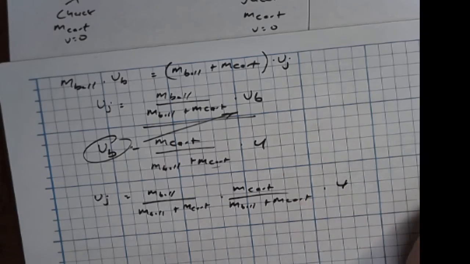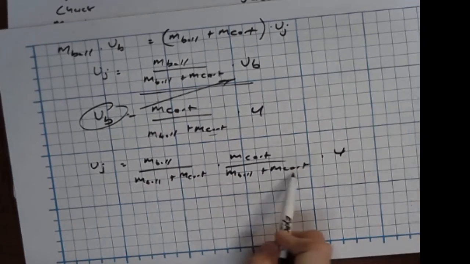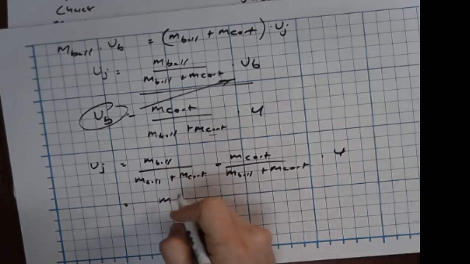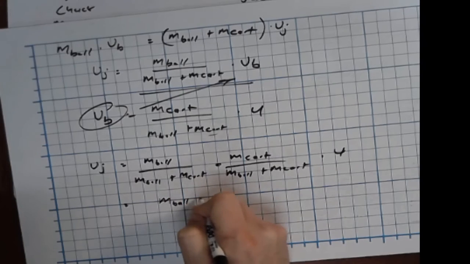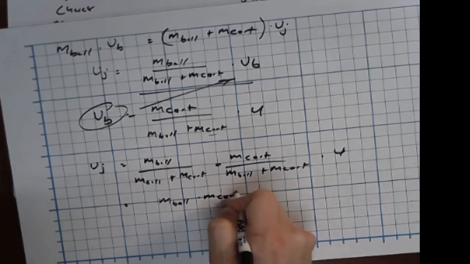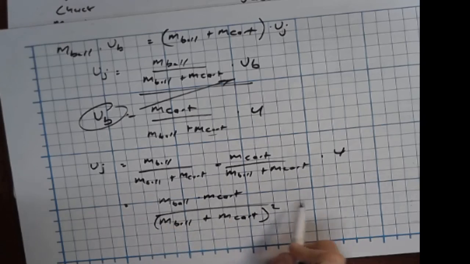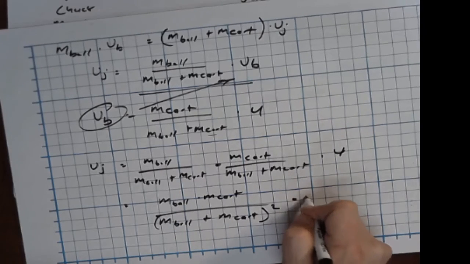And then I can simplify that a little bit by combining the two fractions. This is multiplied, so that's m ball times m cart over m ball plus m cart, squared, all that times u.